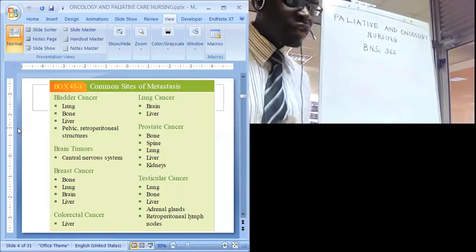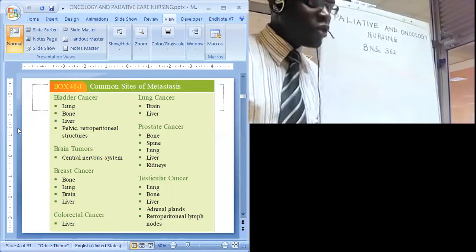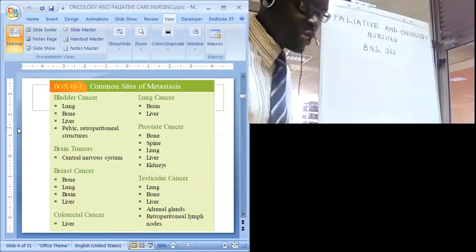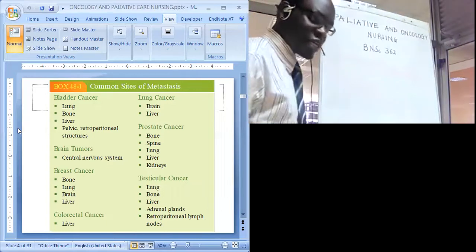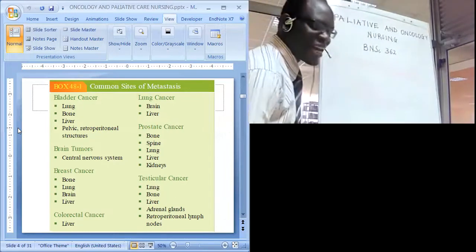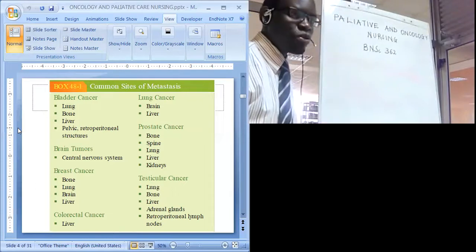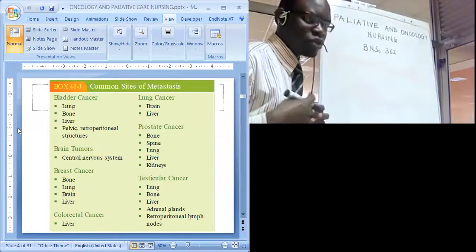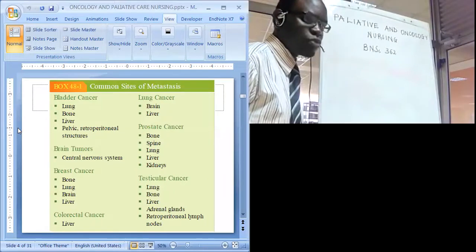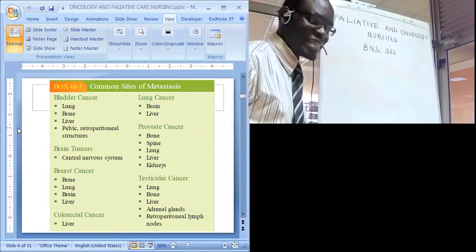We are seeing the lungs, the bone, the liver, the pelvis, and the retroperitoneal structures. And for lung cancer, we are seeing the brain and the liver, because the liver is just adjacent to the lungs, and therefore the metastasis would easily occur there.